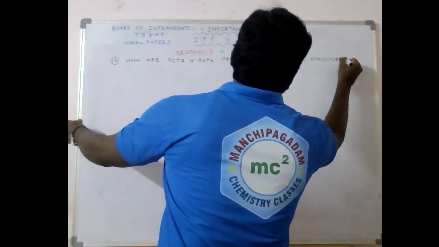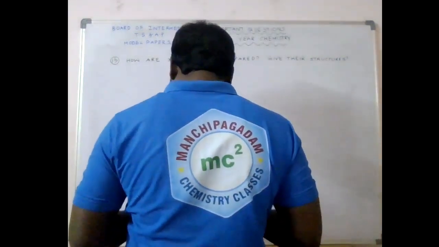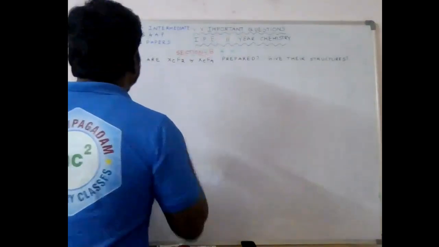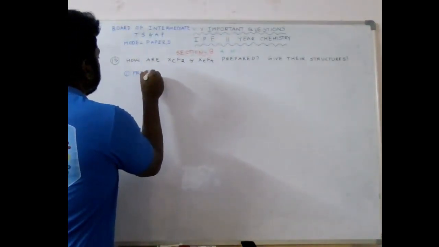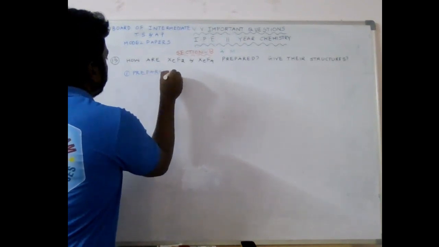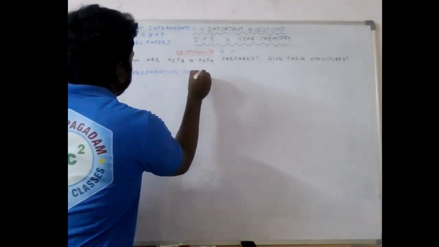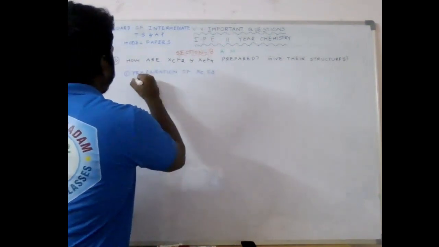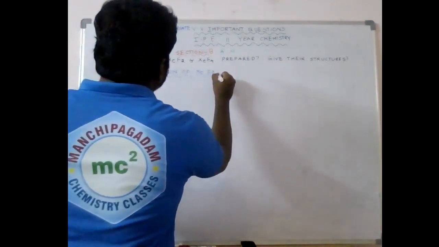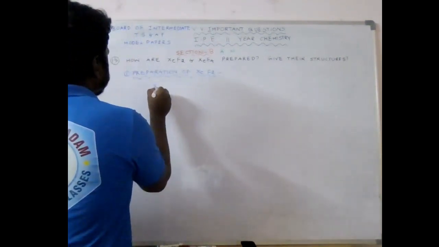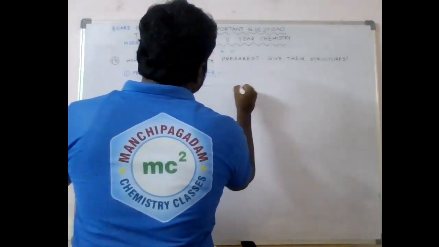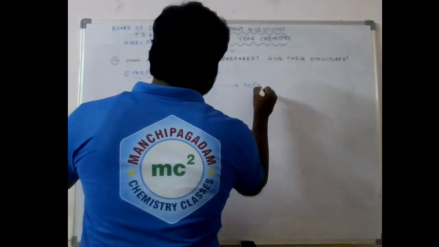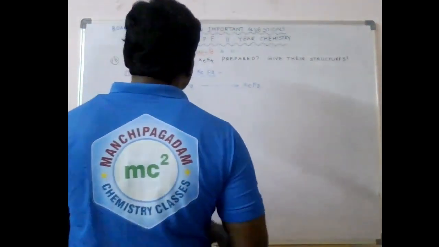So first, preparation of XeF2. We just add xenon and fluorine: Xe plus F2 gives rise to XeF2, xenon difluoride.